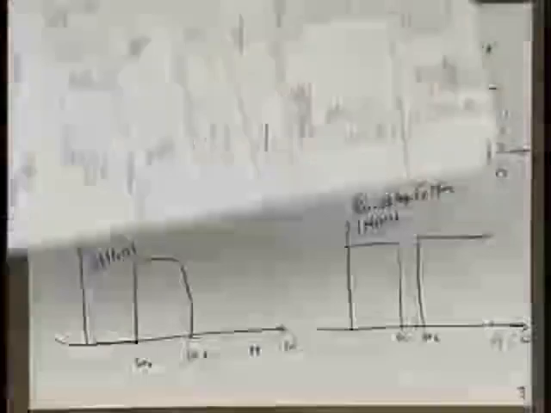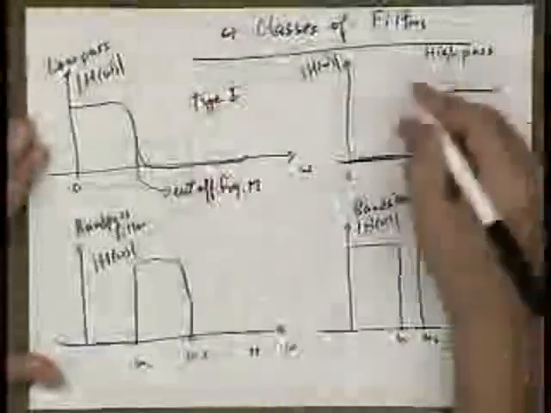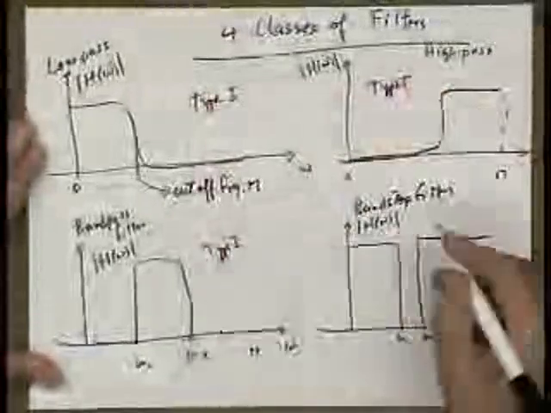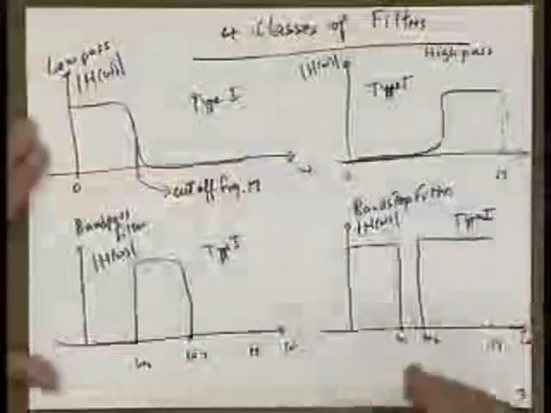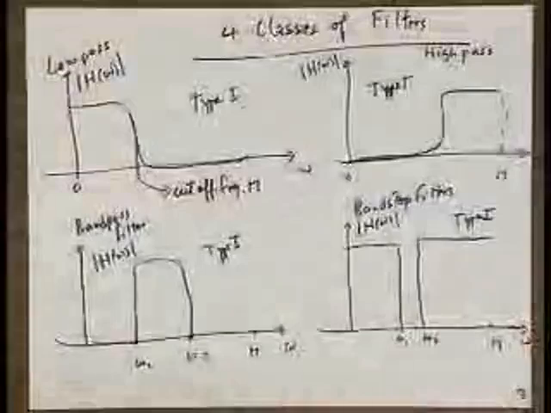Not really. So it can potentially be used in all 4 classes. And as you'll see, a lot of times to simplify our lives, we use type 1 because it doesn't have any of these things.